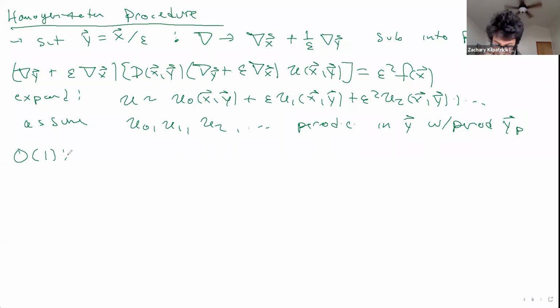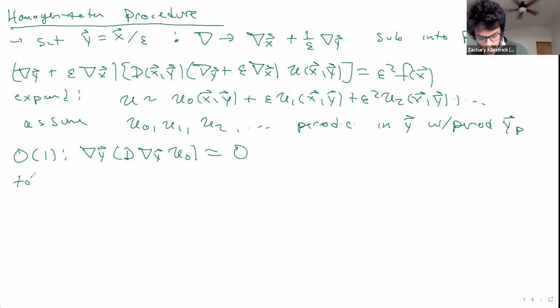So if we plug all this in and we start marching up the hierarchy, what we find is that at order 1, we have this homogeneous equation for u0, okay? A lot like what we had in the 1D case. And just like in the 1D case, to keep u0 bounded, we need some restriction on the general solution.